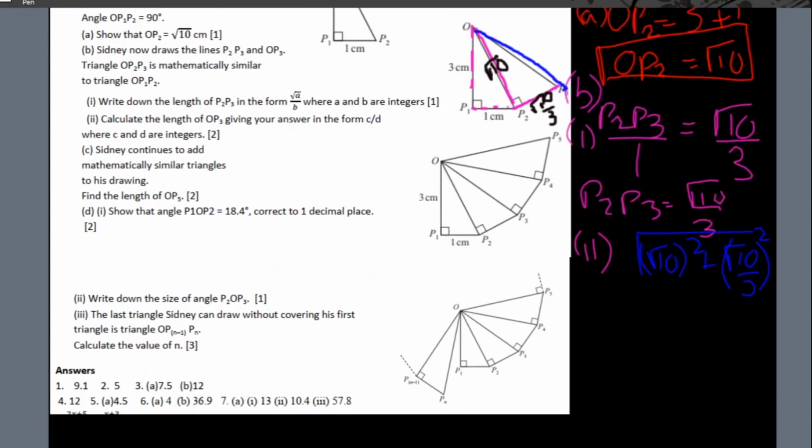I'm entering under root, then under root 10 squared, plus under root 10 divided by 3 whole squared. Let's see what I get.